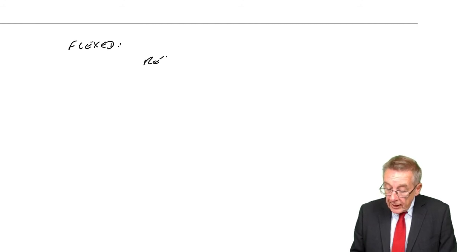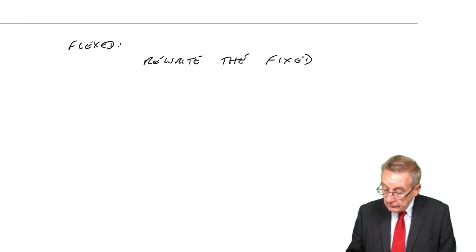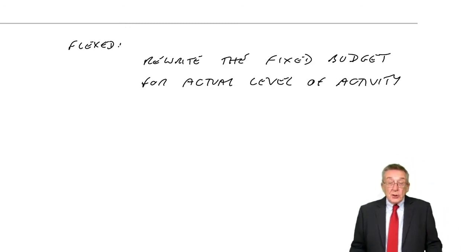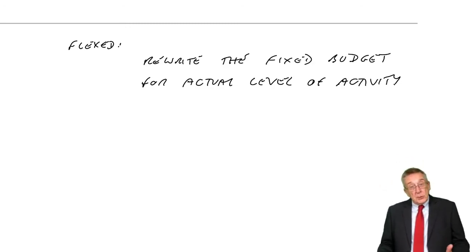It's where we rewrite the original fixed budget for the actual level of activity. And by actual level of activity, I mean actual sales, actual production.